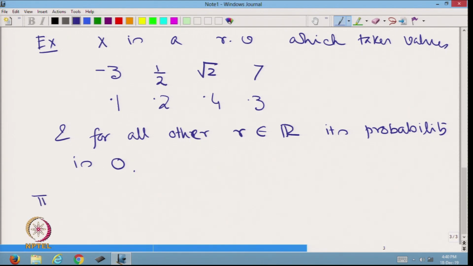Then it is a discrete random variable, because it can take only 4 values and their corresponding probabilities are 0.1, 0.2, 0.4 and 0.3. Note that the sum of these is equal to 1.